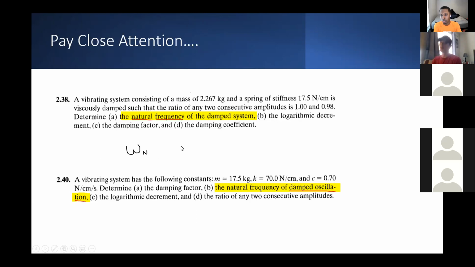So this one, 40, says the natural frequency of damped oscillation. That would be damped natural frequency, because the system is damped. It's asking for the natural frequency. It's just really weird wording. Natural frequency.